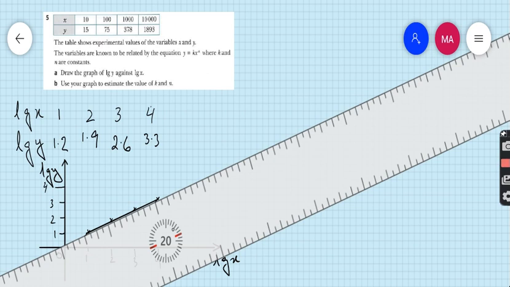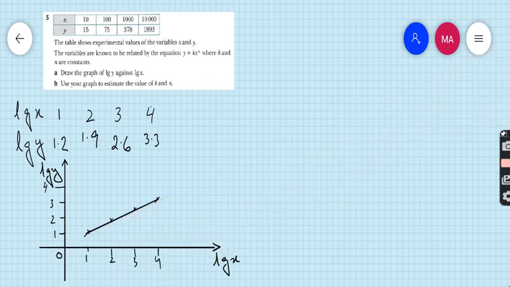This is our graph. We have joined all the points.